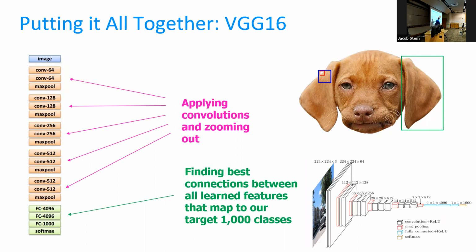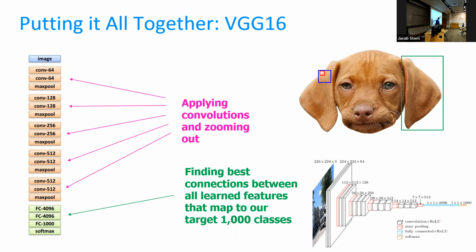And so we end up with 4096 features that are independent of spatial relationship, where we no longer have a dimension that represents spatial relationship.